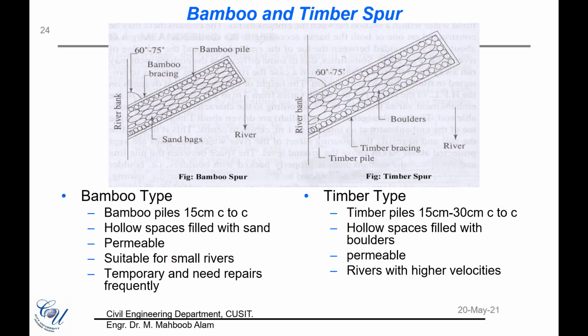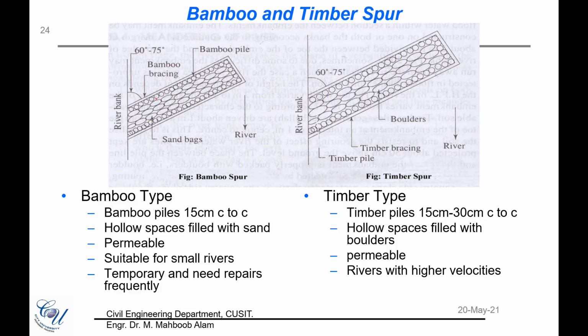These are two particular diagrams of the spurs. On the left hand side you see the bamboo type, and on the right hand side you see the timber type. What we usually do is that we have piles of bamboos which are being installed, and the hollow section of these spurs is then filled with sand or any other kind of material.